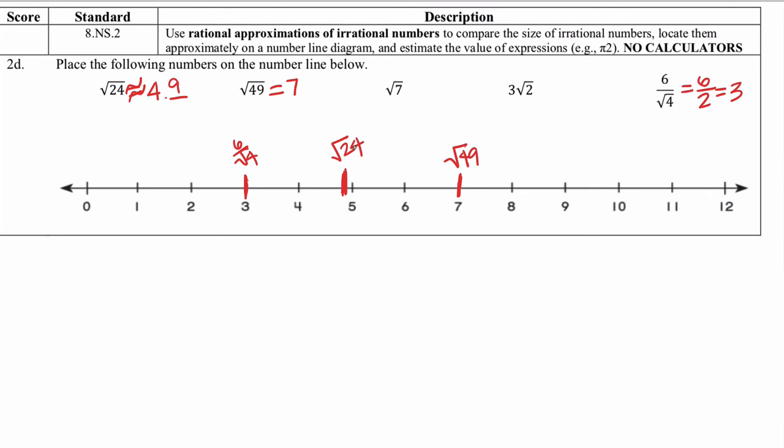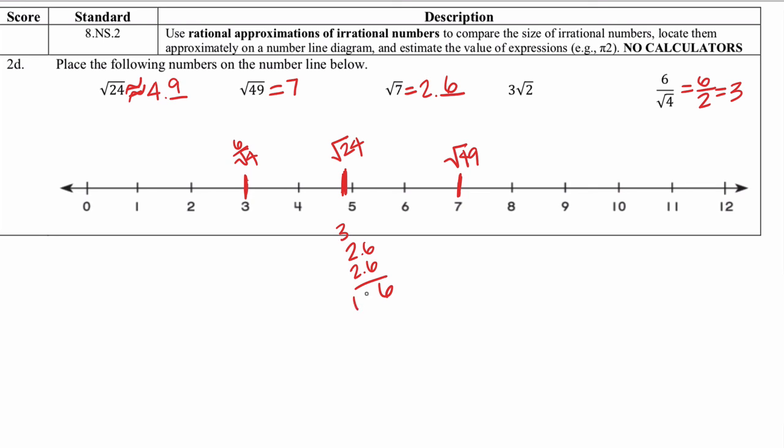We're just estimating here. Square root of 7. 2 squared is 4. It's too low. 3 squared is 9. That's too high, so it must be 2 point something. 2 squared is 4, 3 squared is 9, so it's closer to 3. And we can always check. 2.6, we'll do the work down here. 2.6 times 2.6, let's see how close we got.